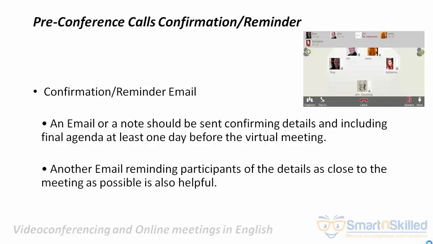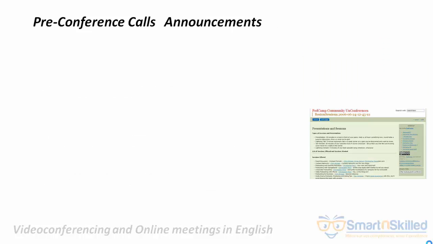Another email reminding participants of the details as close to the meeting as possible is also helpful. So, it is important to email participants to confirm their attendance. This can also be done by phone.